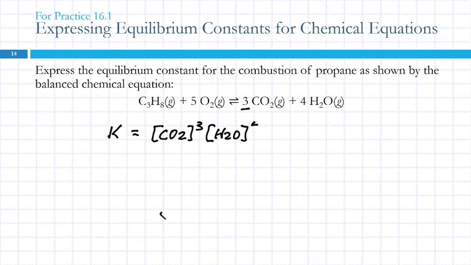Ooh, that's kind of a sketchy 4. Divided by the reactants, C3H8, that has an unwritten 1 as its coefficient. It has an unwritten 1 as its exponent. O2 to the 5th power. Questions?